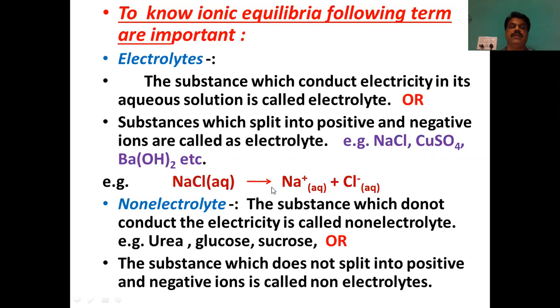Here NaCl dissociates into Na plus aqueous and Cl minus aqueous. This is an electrolyte because NaCl splits into positive and negative ions. Then non-electrolytes: the substance which does not conduct electricity is called a non-electrolyte. Examples are urea, glucose, sucrose.